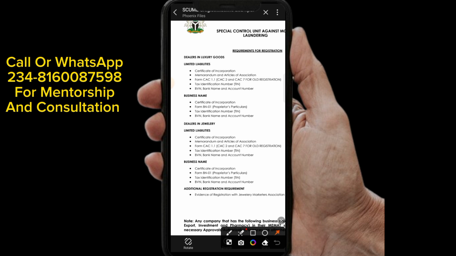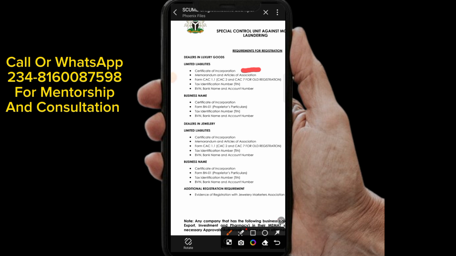Now, the first one here states if you are registering for limited liability. The first requirement under this page is your certificate of incorporation, which is your certificate with CAC. Then the second one says the memorandum, right?